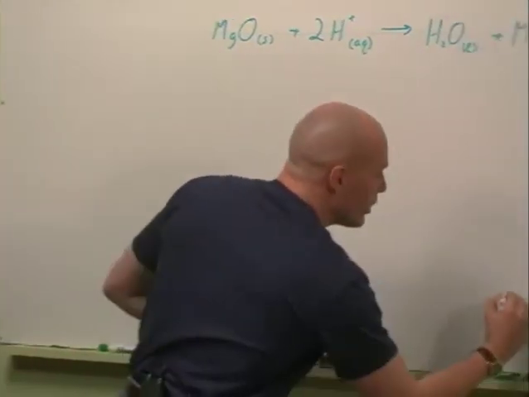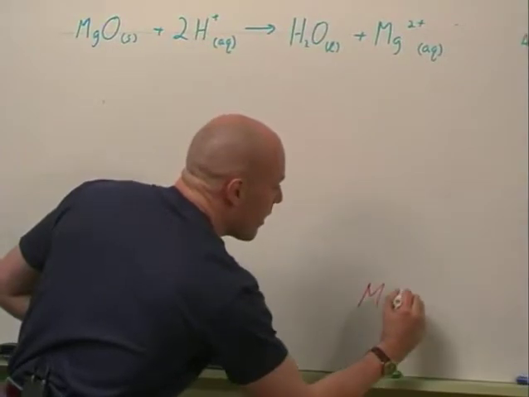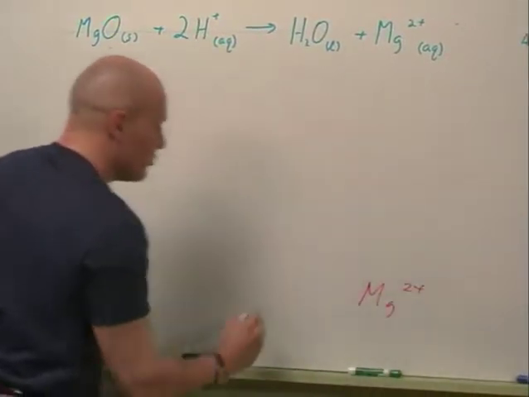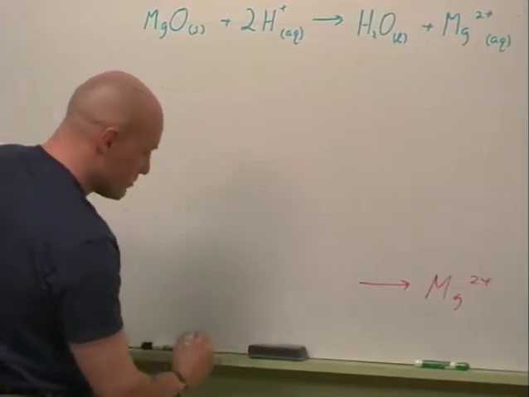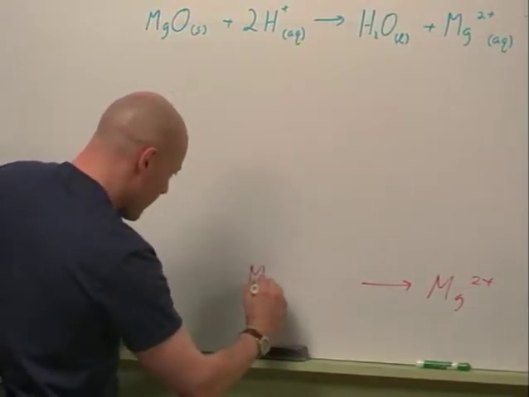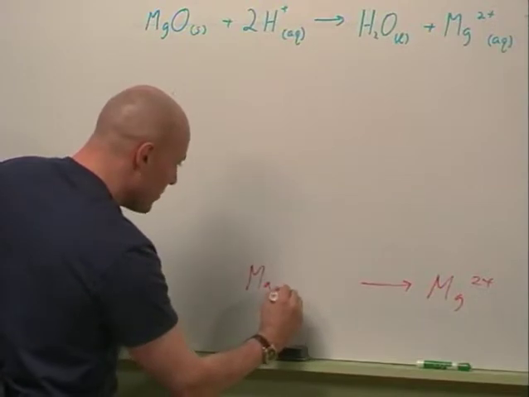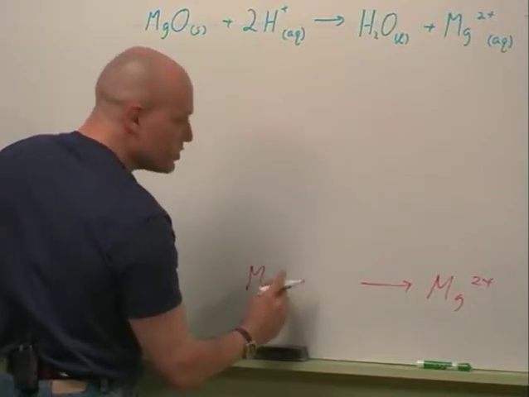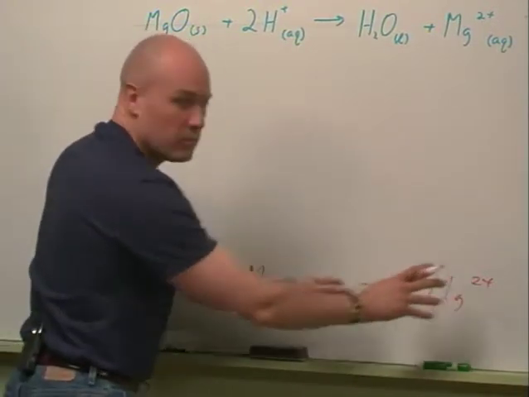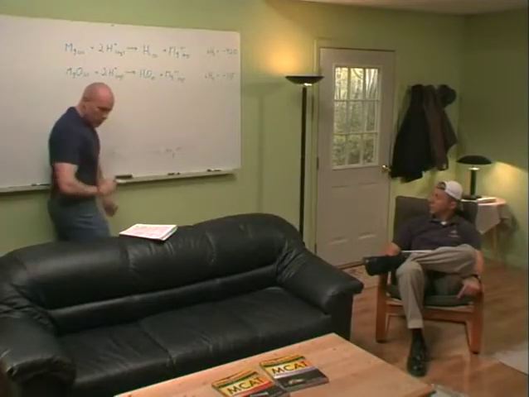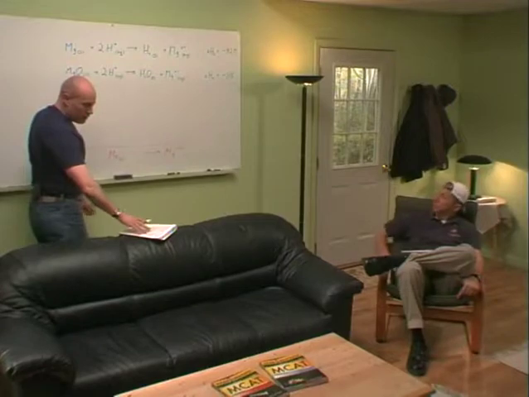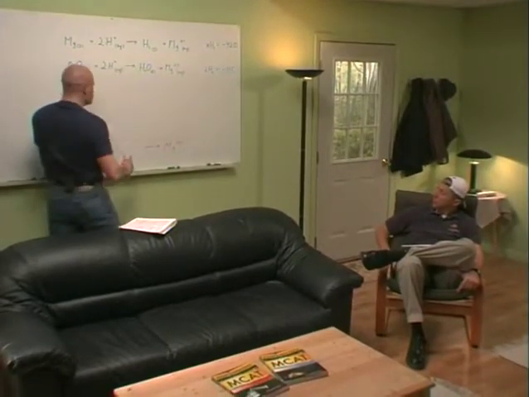So we're going to form Mg2+ from its elements. So from Mg solid, we're going to get rid of electrons and make my Mg2+. And they want to know the enthalpy of formation for that. They give me the enthalpy of formation for H+ as 0.